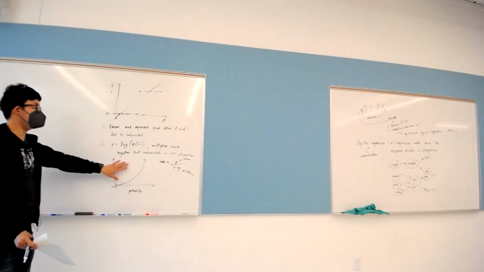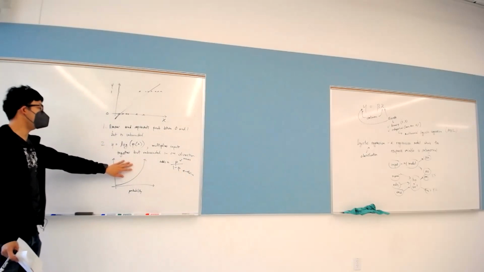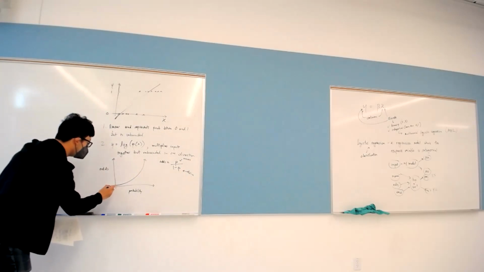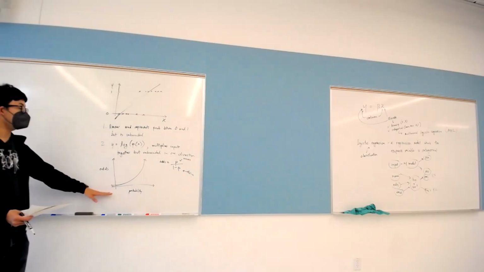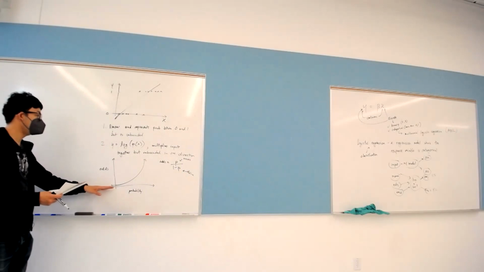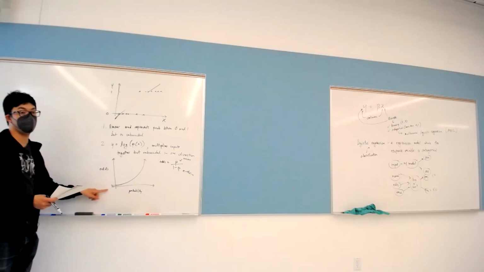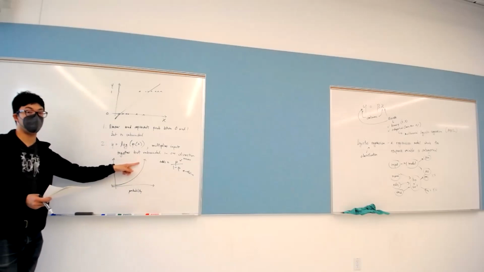But the big takeaway here is that you are doing some transformations on your x's to get this kind of plot. And what you can see here is that you are now bounded in one direction. Okay. Here your odds can only go down to 0, but they can go up to infinity.